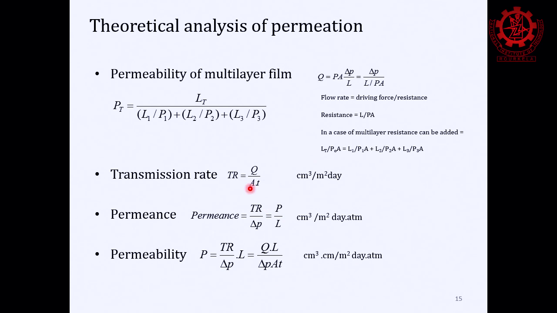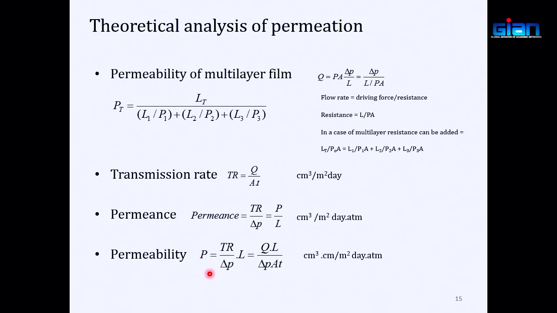Why do we have all these different types of description for the same transmission? So permeability is an intrinsic property of the material. But for the same material, the amount of transmission could depend upon the partial pressure. So this is how we differentiate.